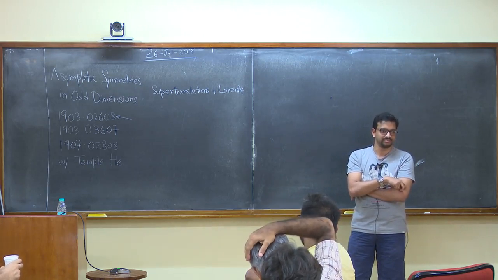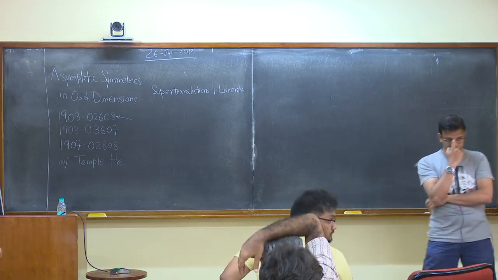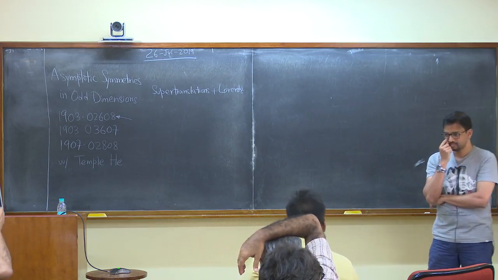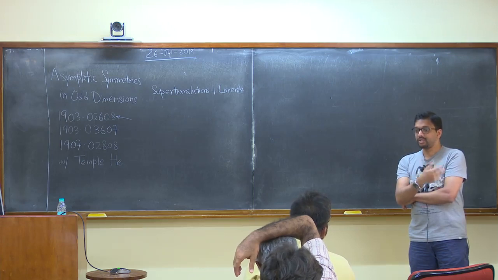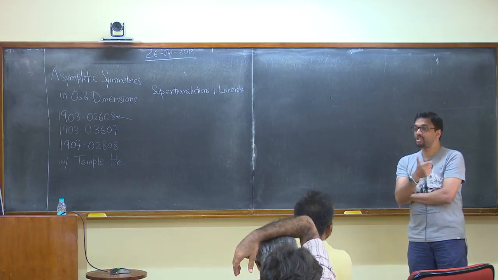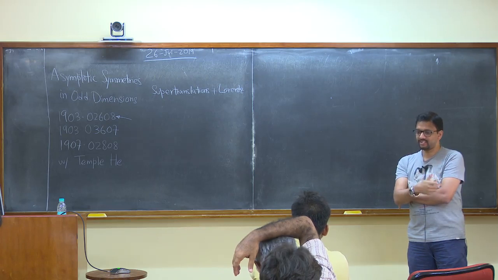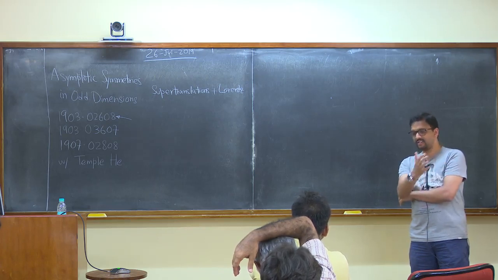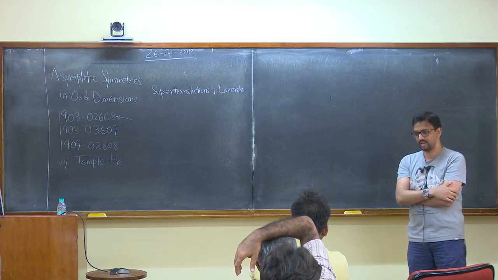That was a very strong requirement for Brown and Henneaux in AdS3. Unlike isometries, which preserve the metric, asymptotic symmetries don't preserve the metric, so they don't generically form an algebra. Once you find the set of asymptotic symmetries, that's how you reduce it to the subset which forms a closed algebra.